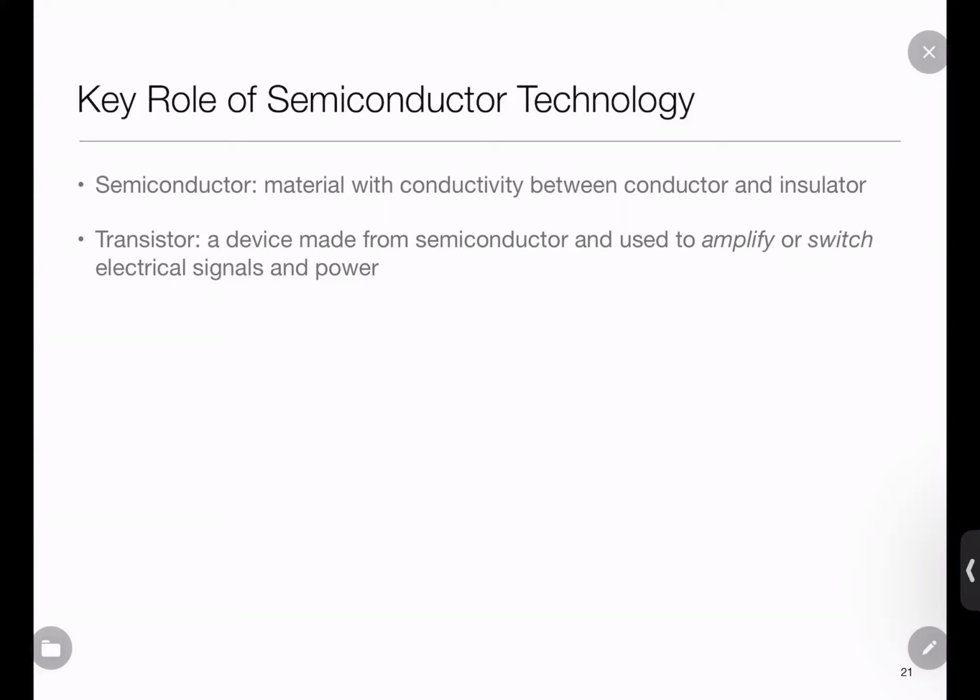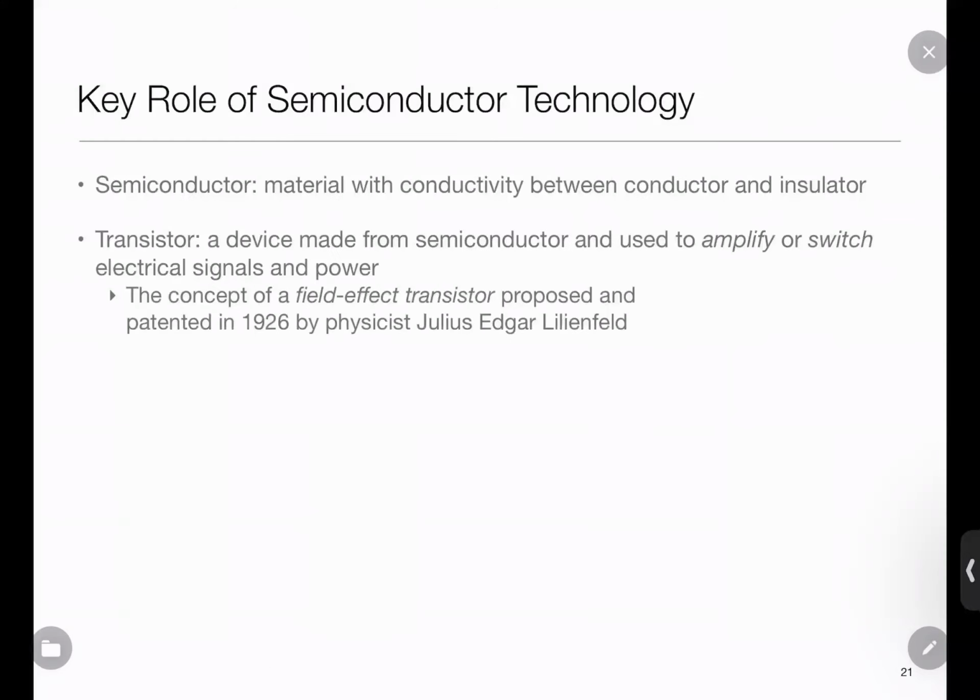I give it a signal, and it will give out a replica of that signal with more energy. So these are the two roles of this device, which we call a transistor, which we can make using semiconductor. It can amplify or it can switch. For us, switching is more important. If you were in an analog circuit course, it's the amplification which is more important.